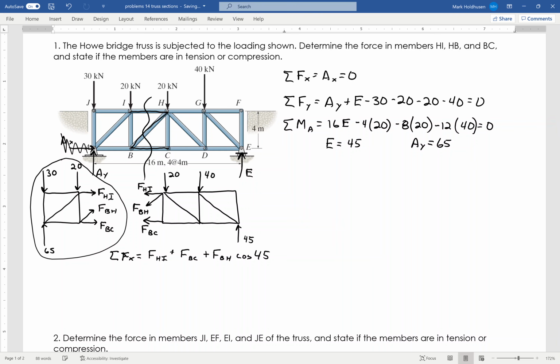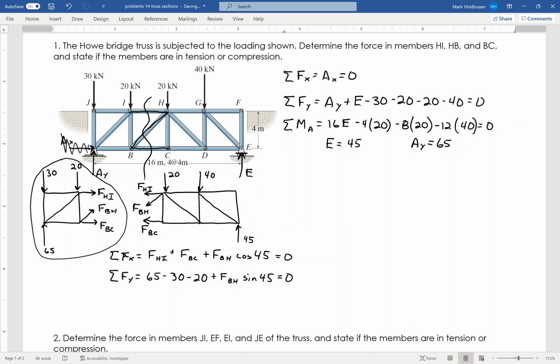Those are all my horizontal components. So set that equal to 0. They're all to the right. FBH is at that cosine of 45. Move on to my y direction, which will have 65. I'll have minus 30, and I'll have minus 20. And I'll have plus FBH sine of 45.